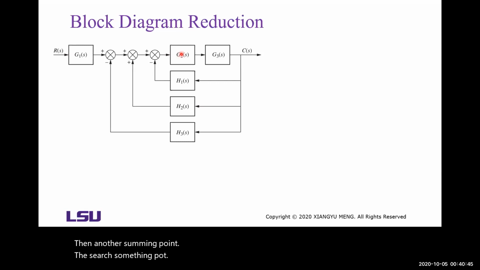Then we have two blocks, G2, G3. The output is C(s). First feedback loop, H1(s). Second feedback loop, H2(s). Third feedback loop, H4(s). I want you to get the transfer function from R(s) to C(s). This is the third example.